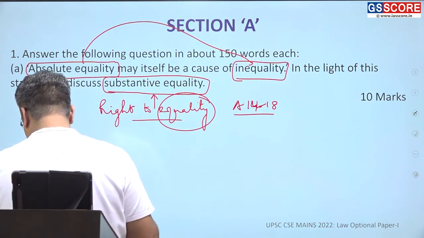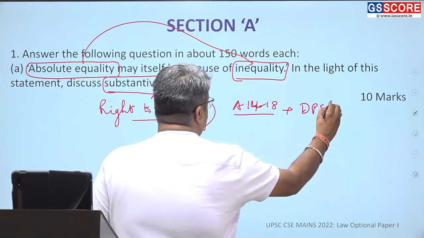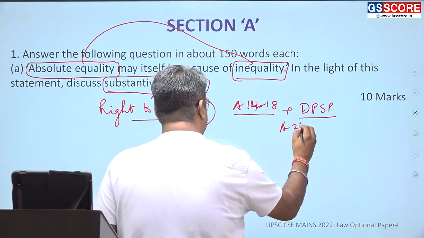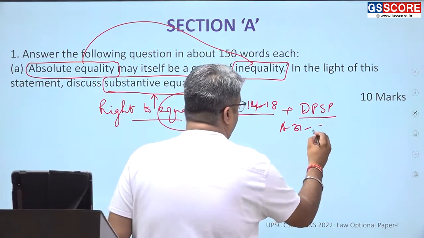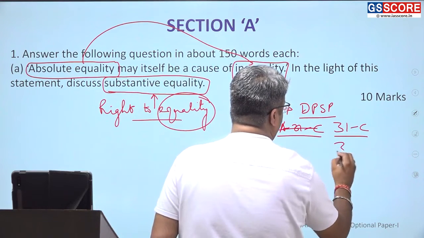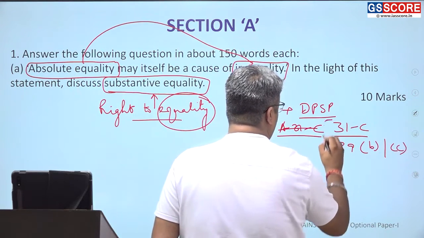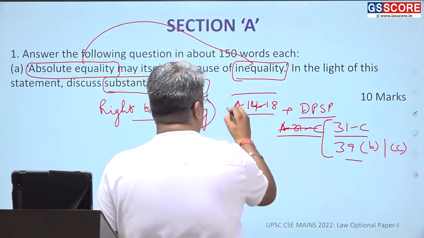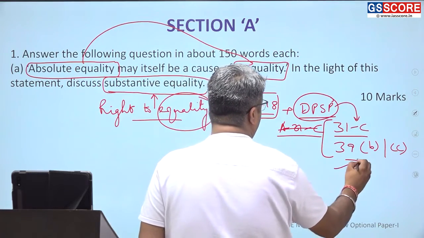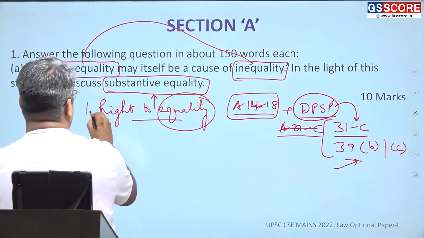Along with this, we have to discuss the Directive Principles of State Policy, and more specifically, Article 31C, and Article 39, Clause B along with Clause C. If you can relate Article 14 to 18 along with DPSP, Article 31C and Article 39(b) and (c), this is one of the points you should mention in your answer.